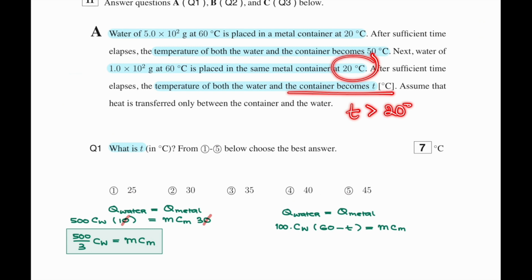That means to find delta T, we can use T minus 20, because now T is greater than 20.